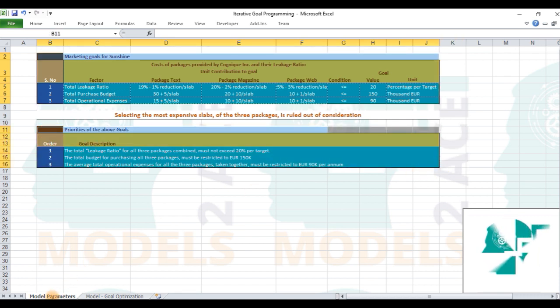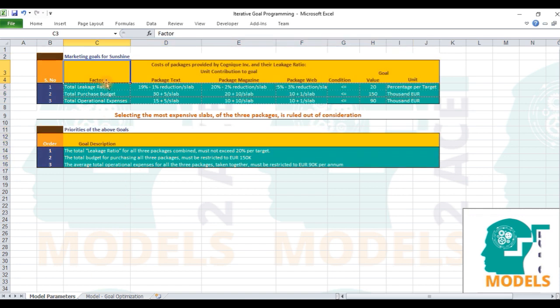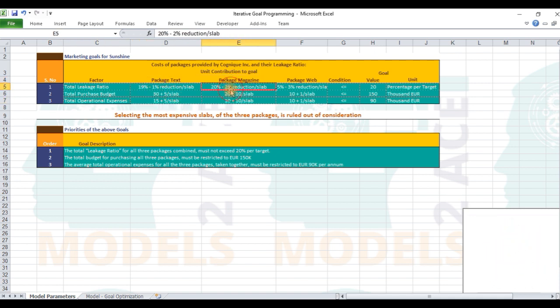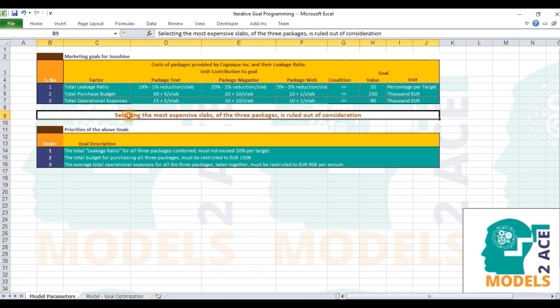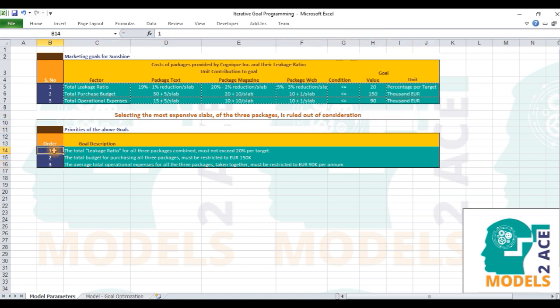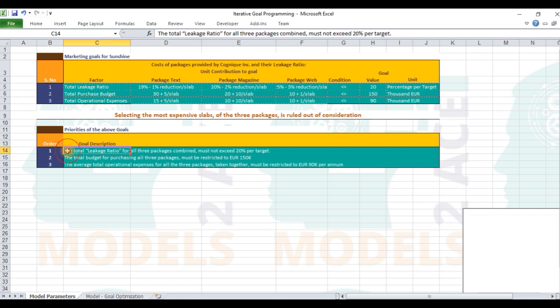This is the first tab, titled Model Parameters. These tables indicate the goals desired to be met, along with factors contributing to advancement of the goals and relative priorities among goals. The marketing manager of Sunshine has been mandated to achieve the following goals, in reducing order of priority.